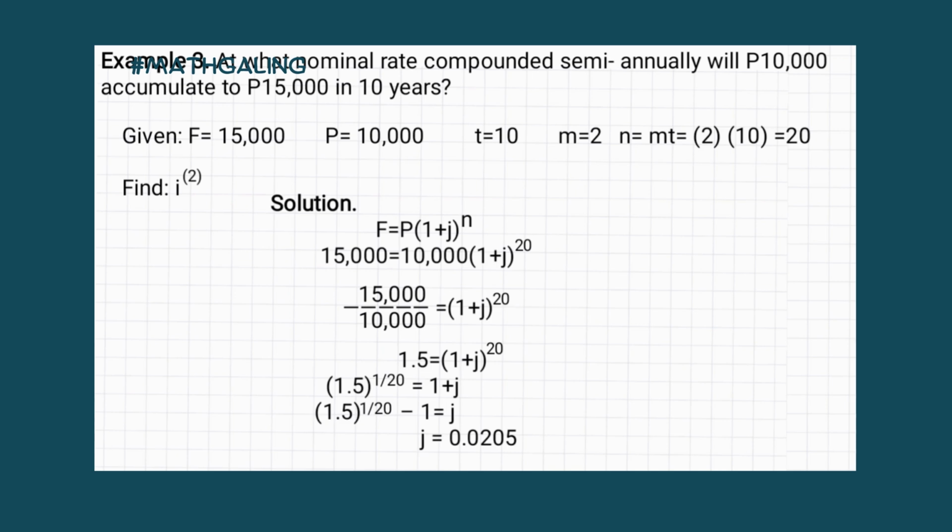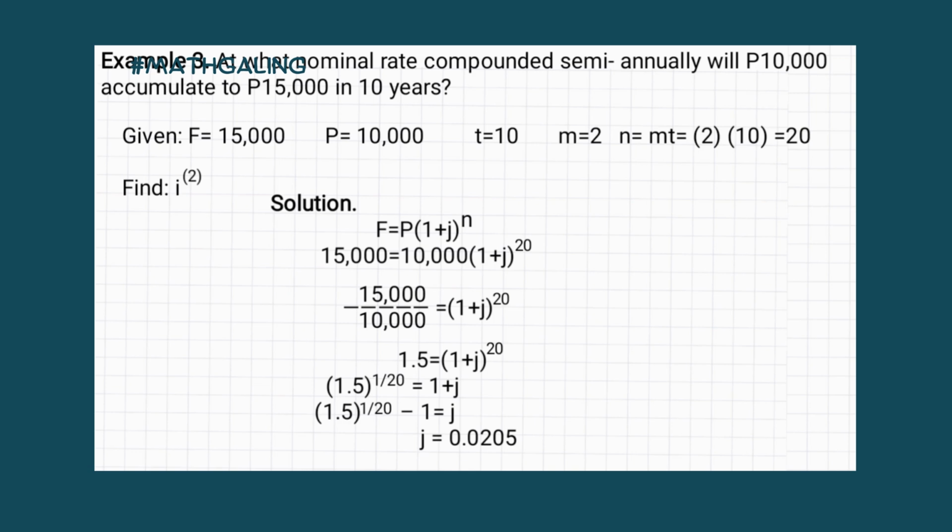Given: F is 15,000, P is 10,000, t is 10, and m is 2, and n is equal to mt, which is 2 times 10, equal to 20. So we will find i raised to the power of 2.